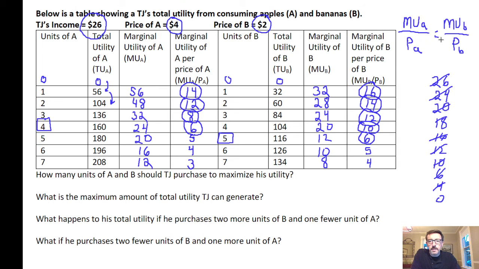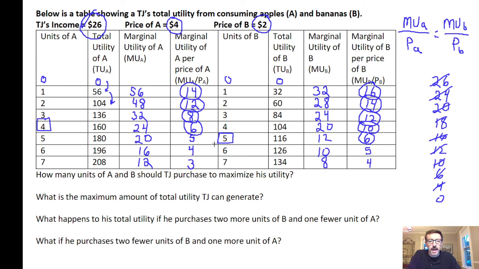And is this rule true? Have we met the rule? So we've spent all our money. That is true. And at our current level of consumption, 4 apples and 5 bananas, is our marginal utility of apples divided by the price of apples equal to the marginal utility of bananas divided by the price of bananas?